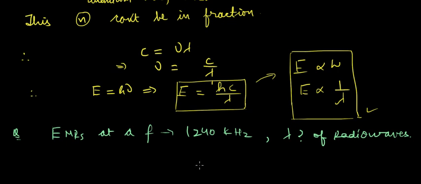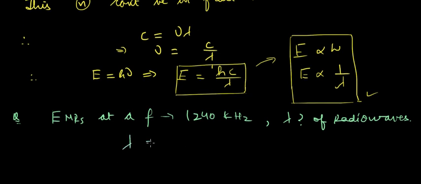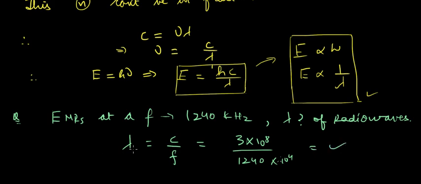We know that lambda is c upon frequency. c is obviously 3 into 10 raised to power 8. Frequency is 1240 kilohertz, so 1240 into 10 raised to power 3 second inverse. From here you can calculate the required answer.